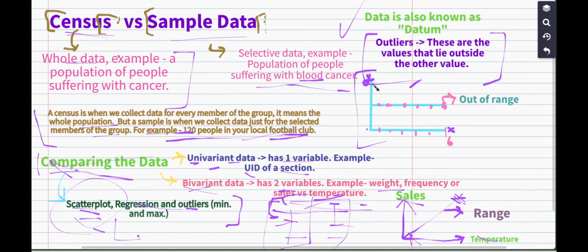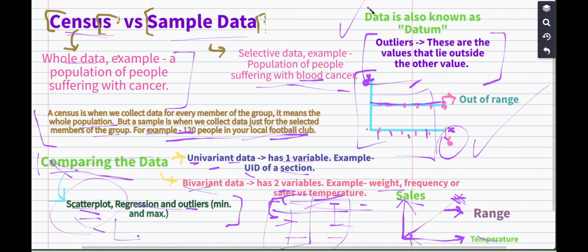If I make a graph here, with the y-axis and x-axis, horizontal and vertical axis, and I plot the values 1, 2, 3, 4, 5, 6, you can see that the numbers 1 to 5 come in this range, but 6 is out of range. So 6 is basically the outlier here. An outlier is the value that lies outside the range. We will discuss this in more depth in the next lecture: what is the outlier.